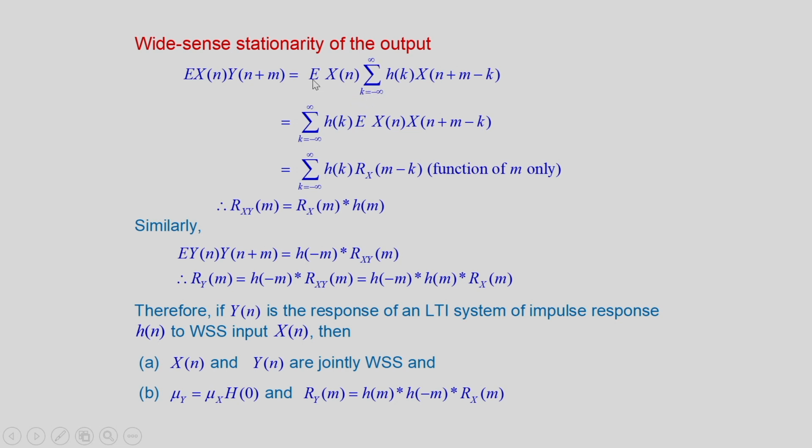Now, we can take E inside, because these are constant quantities. So, E of x[n] into x of n plus m minus k. Now, using the WSS concept, this quantity will be a function of the lag n plus m minus k minus n, that is the lag, that is equal to m minus k. Therefore, this cross correlation function is equal to summation h[k] into Rx of m minus k, k going from minus infinity to plus infinity.